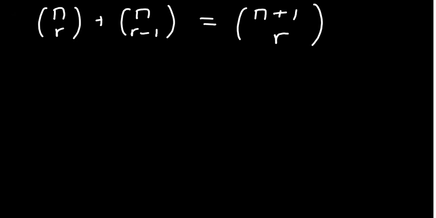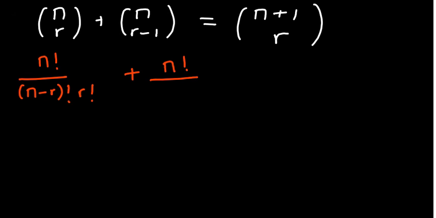Okay, so for the first part, we already know what that means. That means n factorial over the difference, which is n minus r factorial, and then of course r factorial, plus n factorial over r minus 1 factorial. Now think about this.